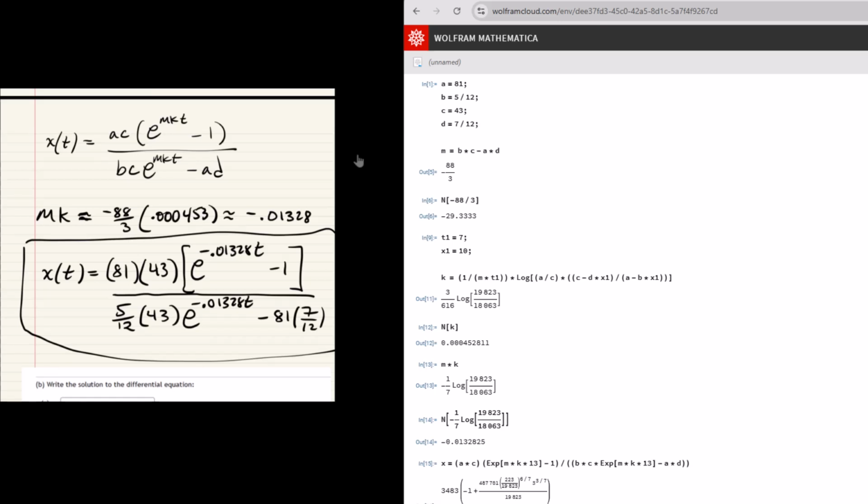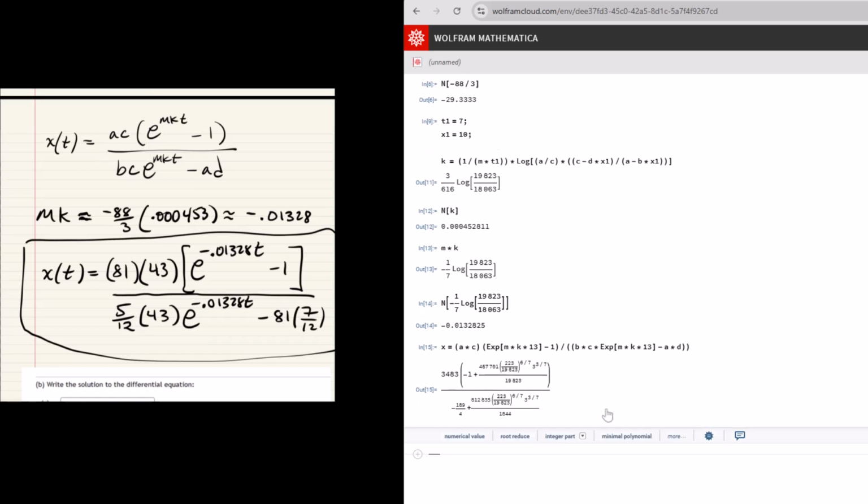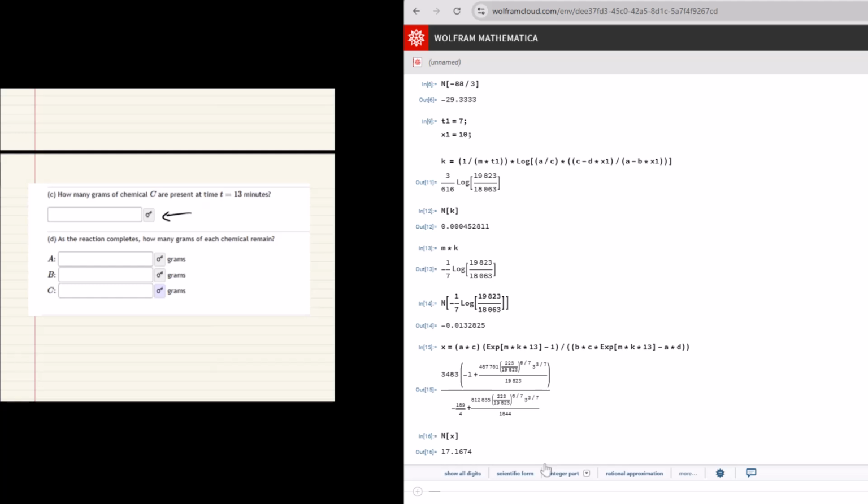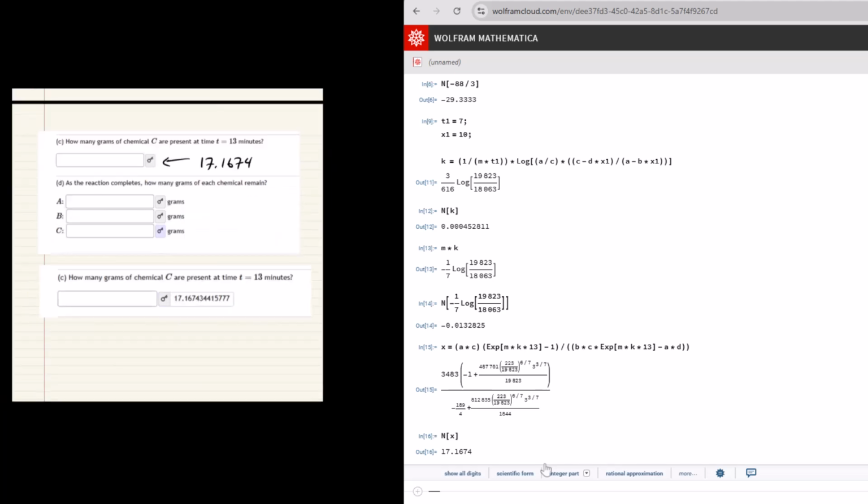And then shift enter. So I get an exact value, but I don't really want the exact value. I want a decimal value. So this is going to be about 17.1674. And when I check for what the computer is looking for, yes, that is it. That's exactly what it's looking for.